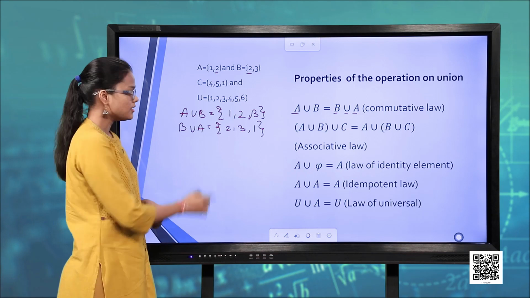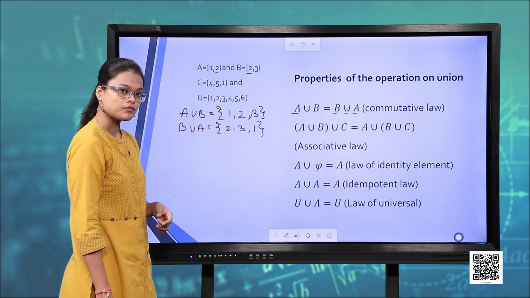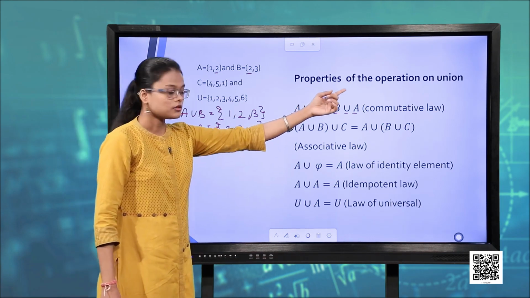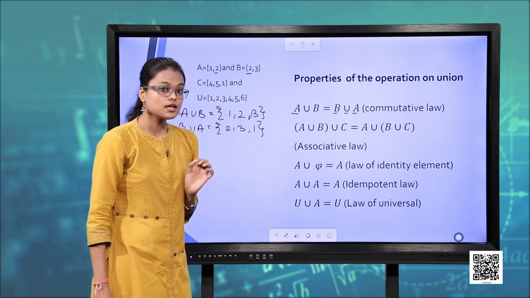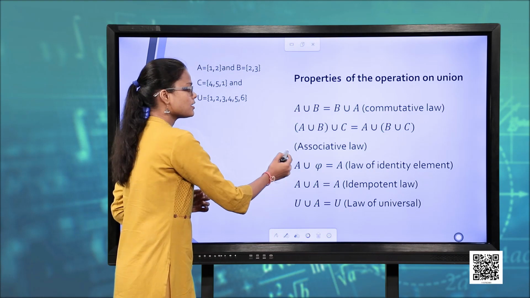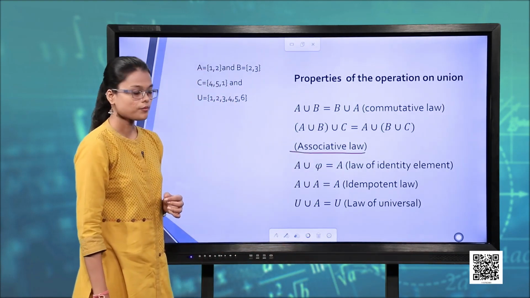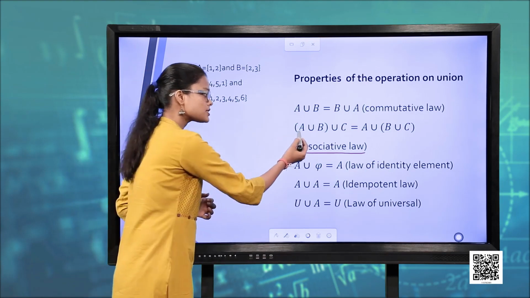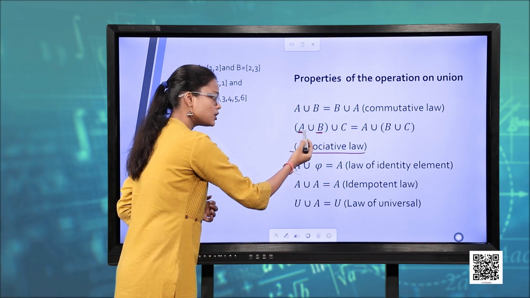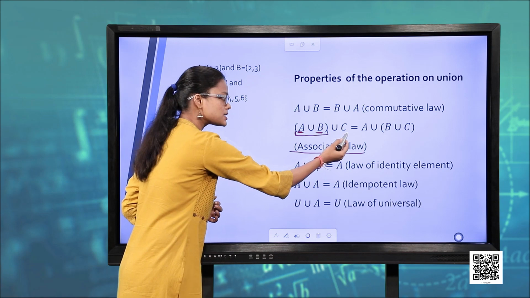Now it is clear that A union B is equal to B union A. So this shows that the operation union satisfies the commutative law. The next property that we are studying is the associative law. What does it say? That if we first take A union with B and then the answer with C.